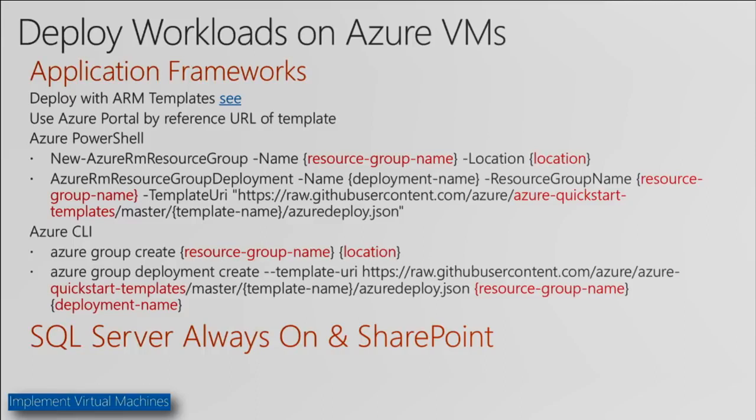You can build your templates using the Azure portal now as well, which you'll see shortly. And you can also build them in PowerShell. So if you want to deploy a template using PowerShell, you first of all create the Resource Manager resource group, and then you create a new Azure RM resource group deployment and drop in the template file.